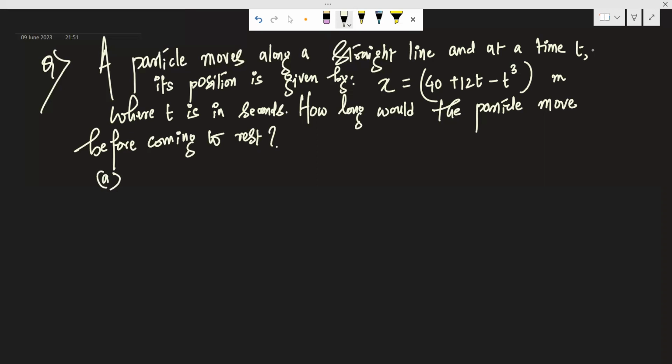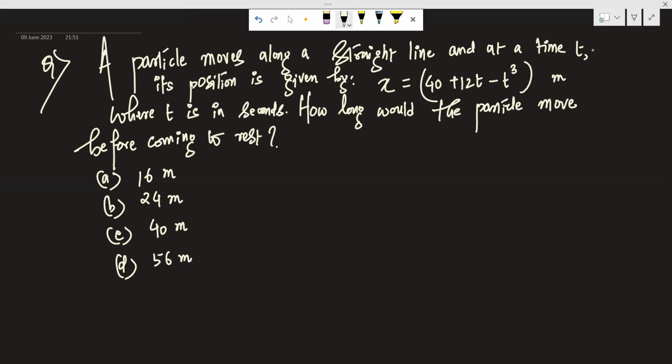So options are, first option is 16 meter. Second option is 24 meter. Option C is 40 meter, and option D is 56 meter.